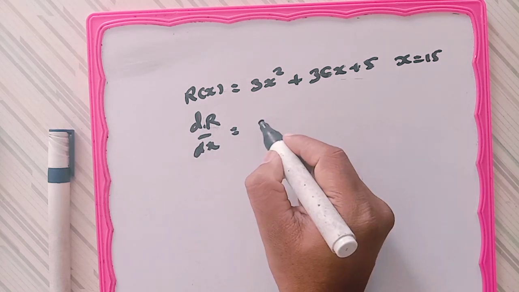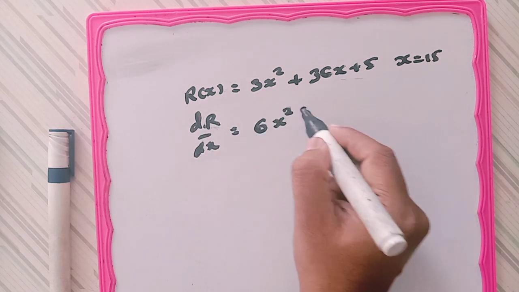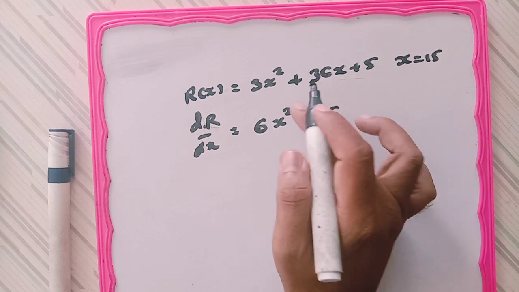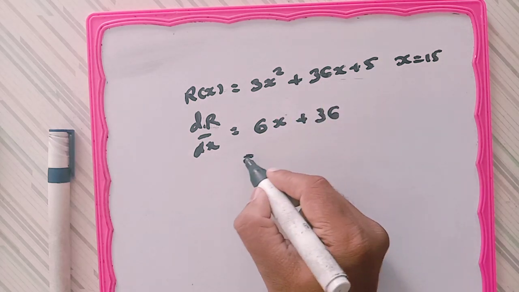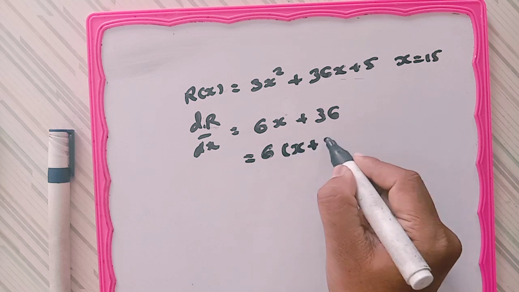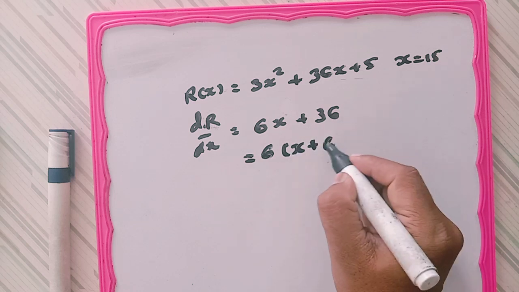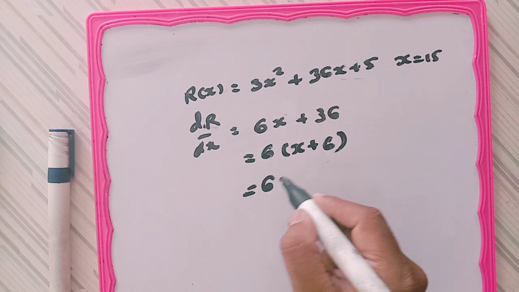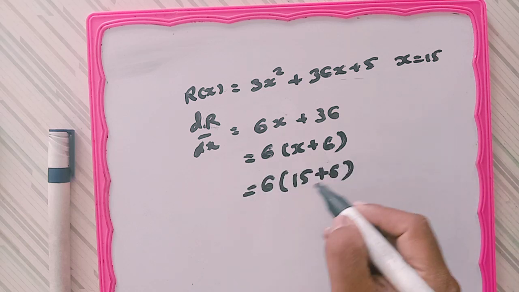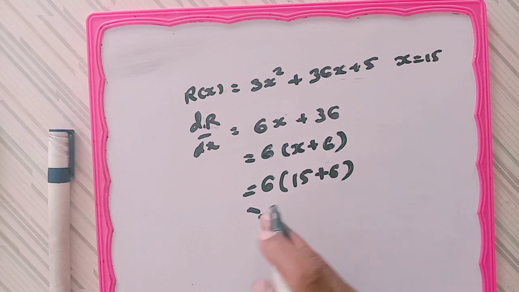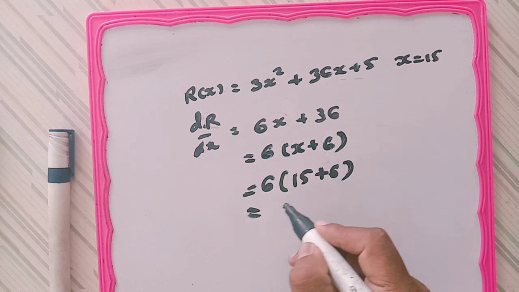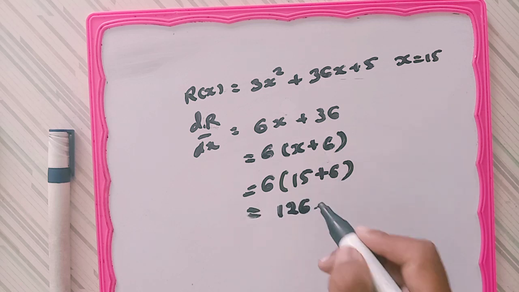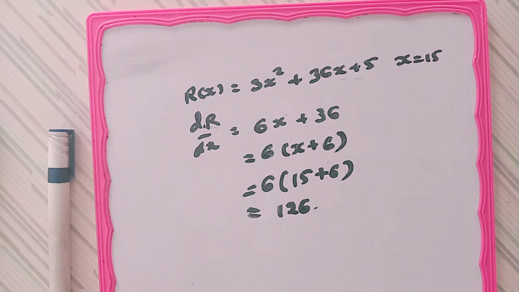So with respect to x we take differentiation, 6x plus 36, and so 6 is common, so x plus 6. So the x value is given as 15, so 6 into 15 plus 6. So 15 plus 6 is 21, 21 6s are 126, and so 126 is the answer.